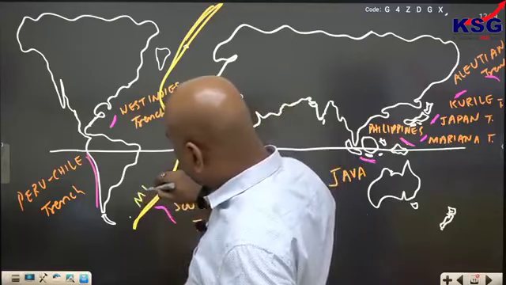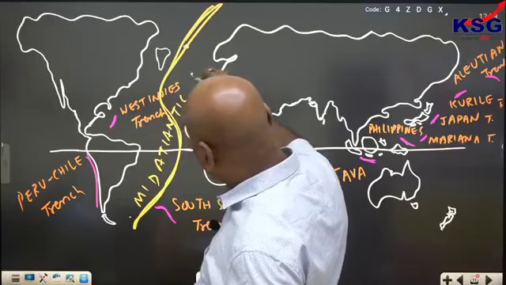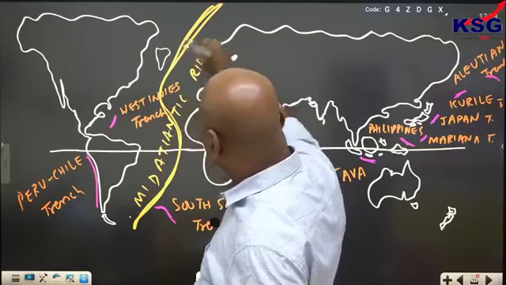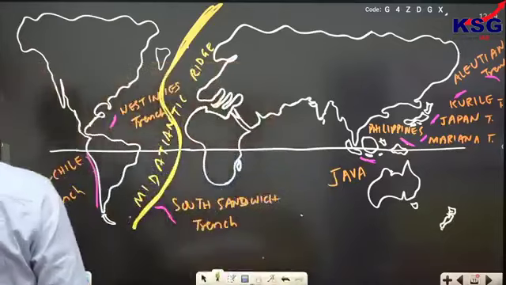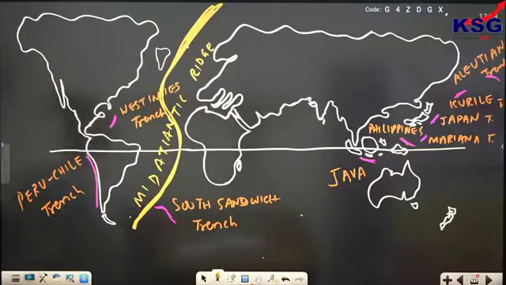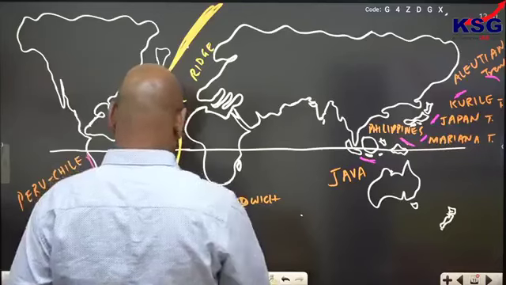This is the mid-Atlantic ridge. I haven't told you about ridges yet. Ridges are volcanic mountains, located here. This is the mid-Atlantic ridge. South Sandwich, this is it, right? Just one minute.